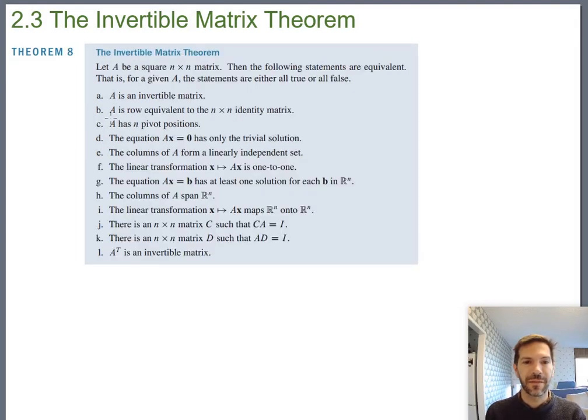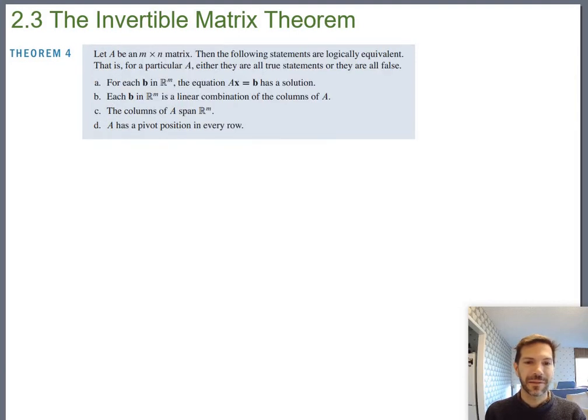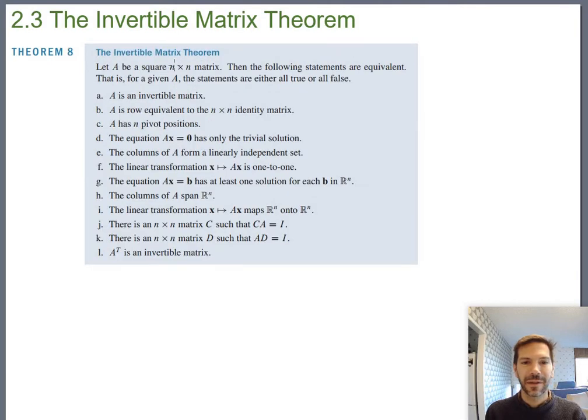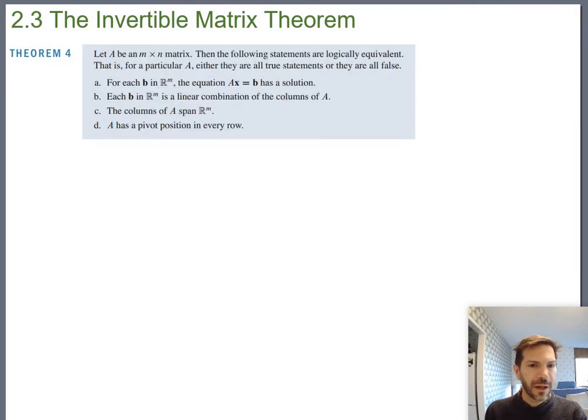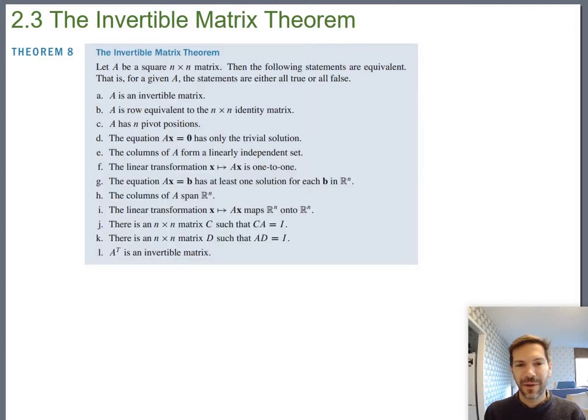And we also have that A has n pivot positions, which is the same as D before. They said pivot position in every row. There were m rows; now we have n rows, so there are n pivot positions. They don't really restate B from Theorem 4, that it's a linear combination of the columns of A. We know that's equivalent to these other statements, so they don't resurrect it here.